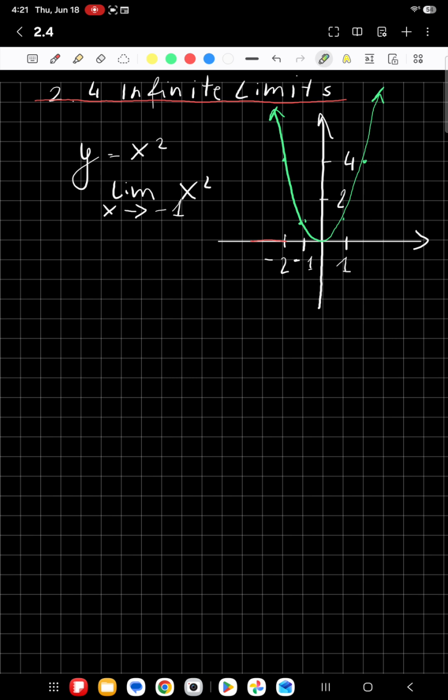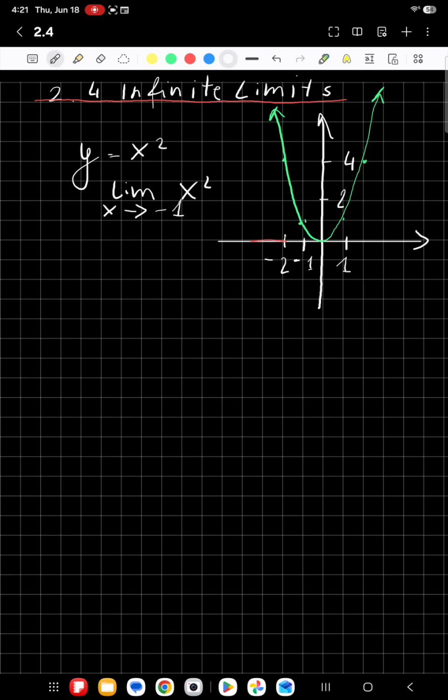The numbers I'm plugging into the function are like -1.01, or maybe -0.99, etc. So if I'm getting closer with my x's to that -1, my y values, the value of the function or the limit, is going to be -1.